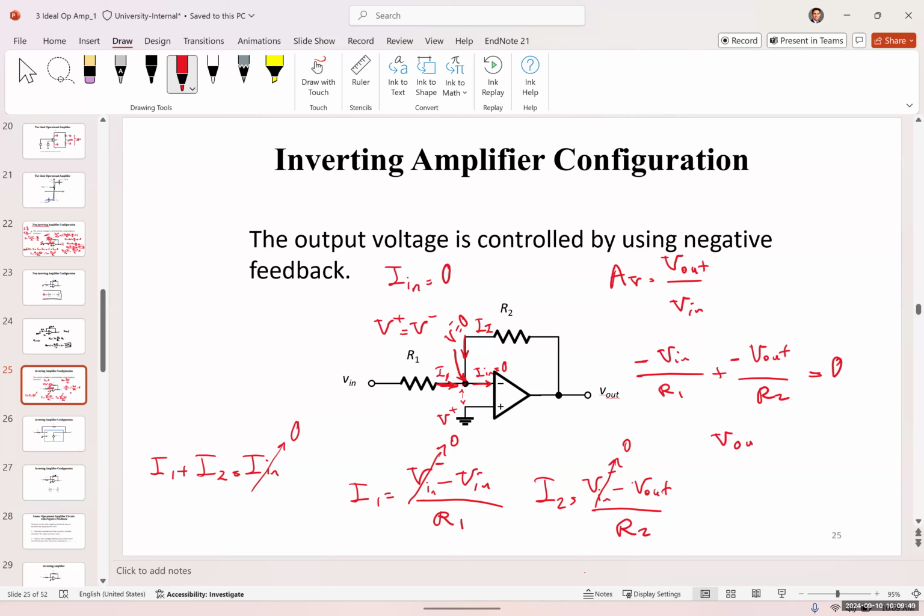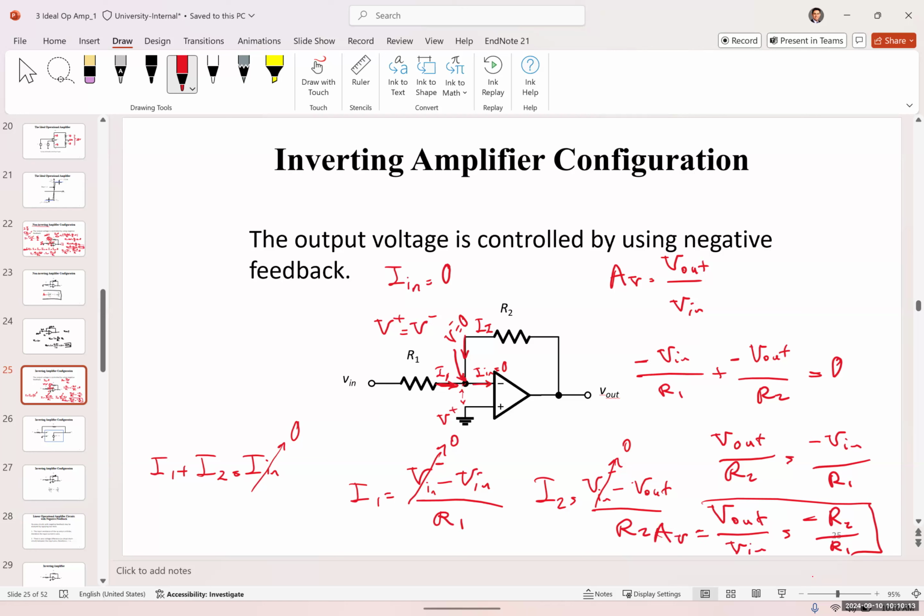So V out over R2 would be equal to negative Vn over R1. Therefore, V out over Vn is going to be equal to negative R2 over R1, which is going to be equal to the gain.